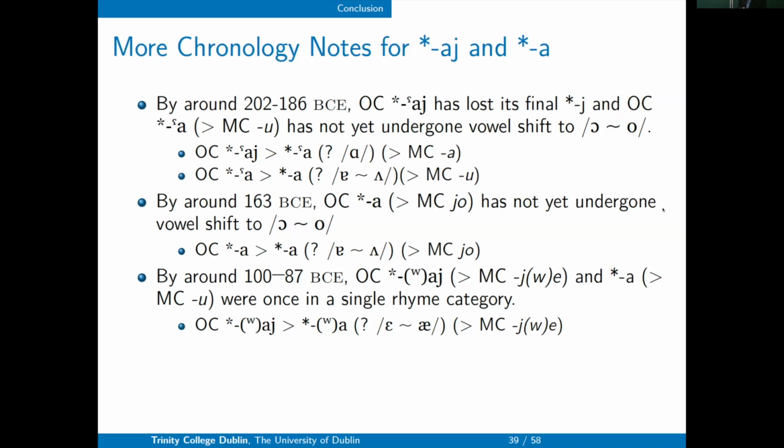And by around 100 to 87 BCE, Old Chinese R in type B syllables and Old Chinese R, which became Middle Chinese U, were once in a single rhyme category. However, I argue there are slightly different phonetic values for this phoneme R.